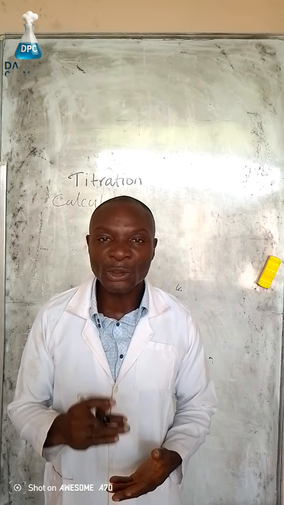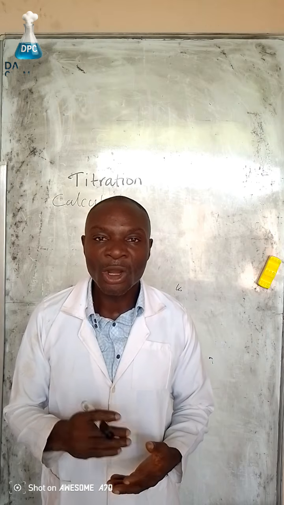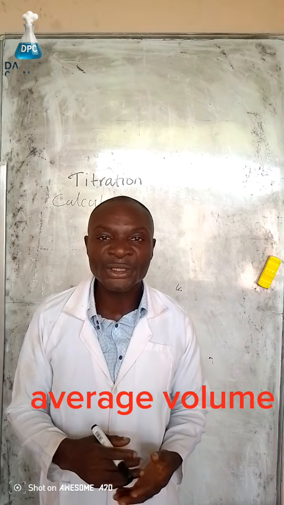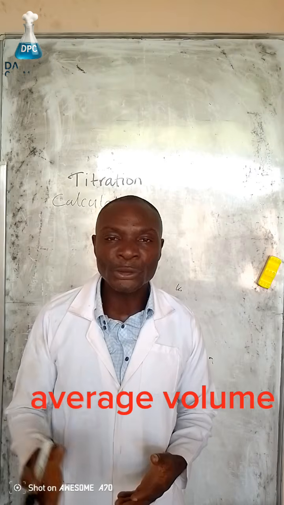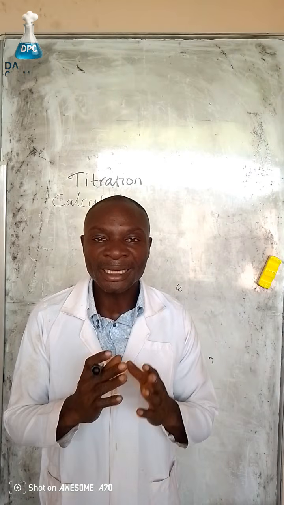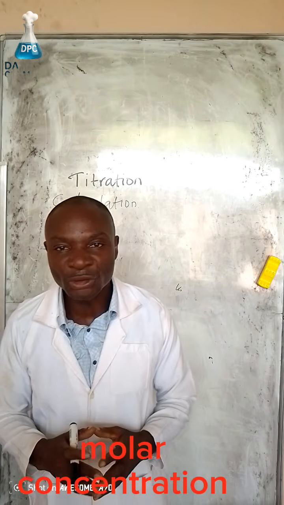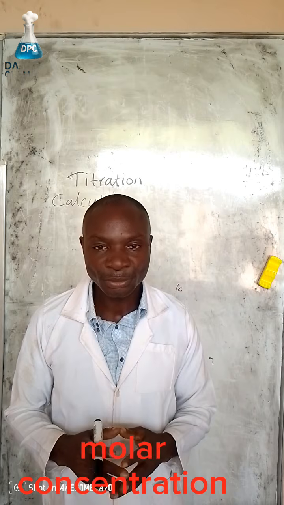In this video, we'll be concerned about the calculation of the titre volume, which is the average volume of acid used, and then the calculation of the molar concentration of the unknown.